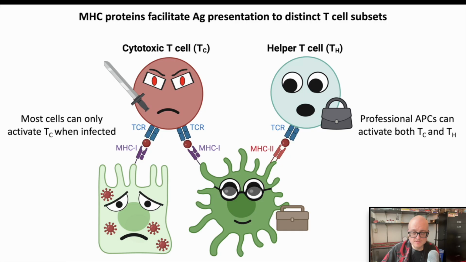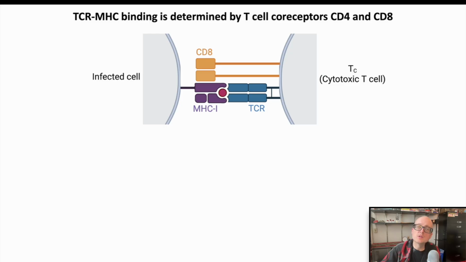The molecular reason for this is that both of these populations of T cells each express their own unique T cell co-receptor. So a cytotoxic T cell expresses, in addition to its TCR, its T cell receptor, which recognizes antigen, a co-receptor called CD8, or cluster of differentiation 8. And CD8 is actually an equal part of the overall molecular shape that I mentioned that allows all of these molecules to interact in the presence of antigen.